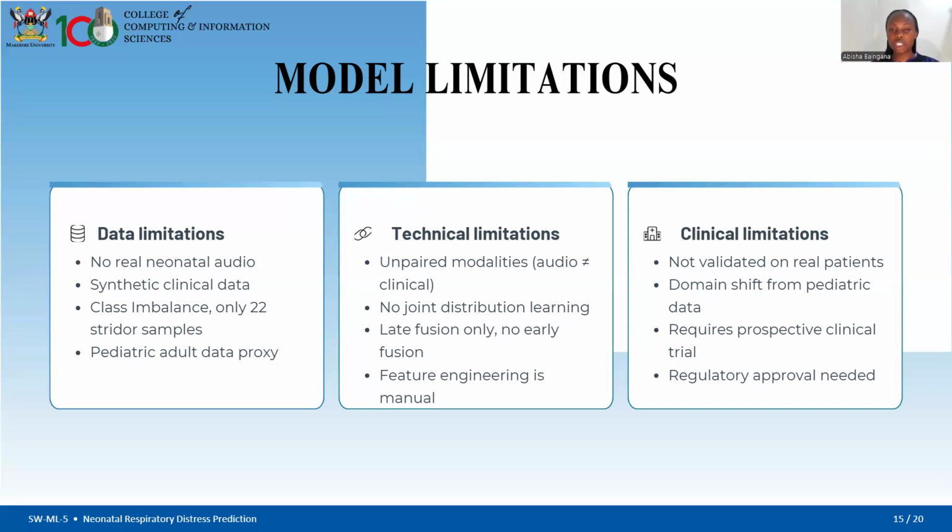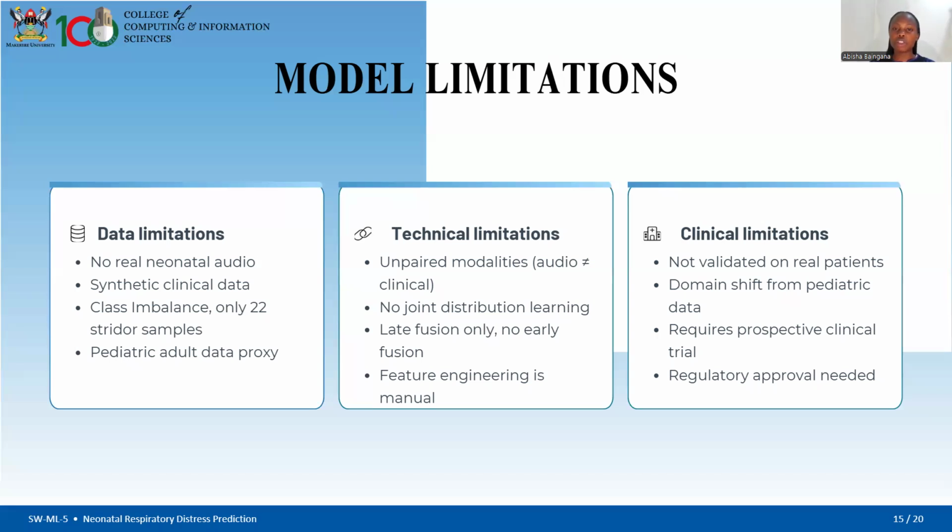And then for technical limitations, we had the unpaired modalities, because the audio data that we have is not actually connected in any way to the clinical data that we had. Then there is no joint distribution learning. So the only fusion that we can have is late fusion, and we cannot have any early fusion. And feature engineering in this case is all supposed to be done manually.